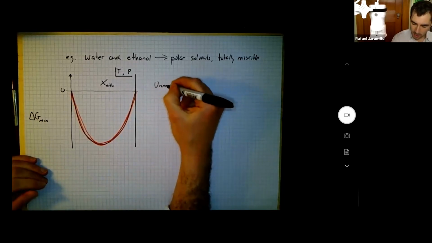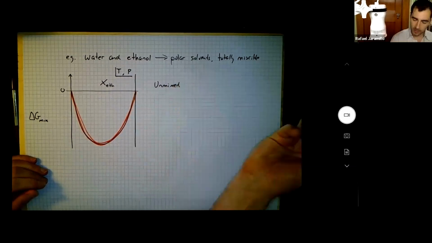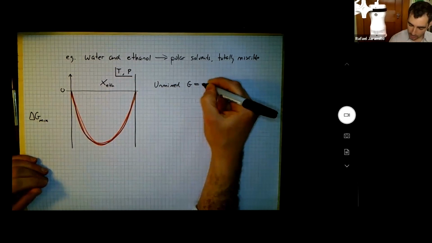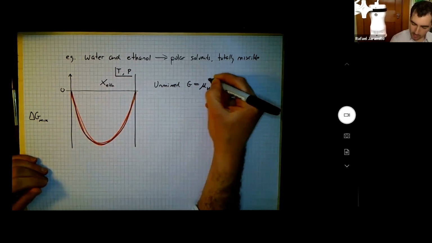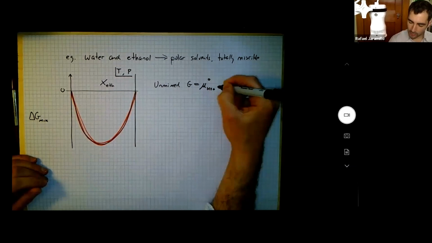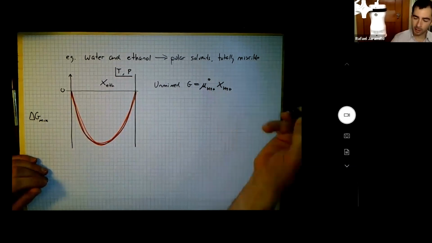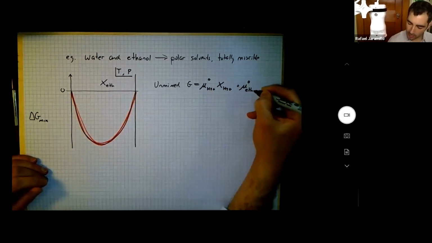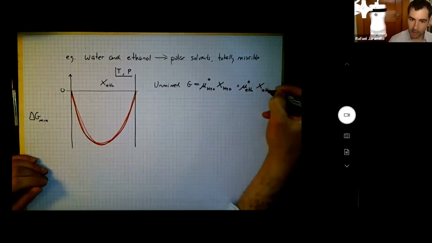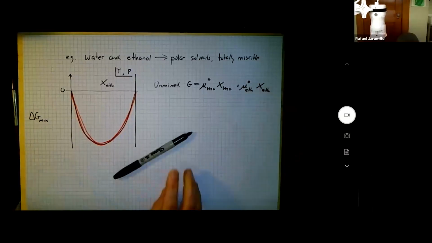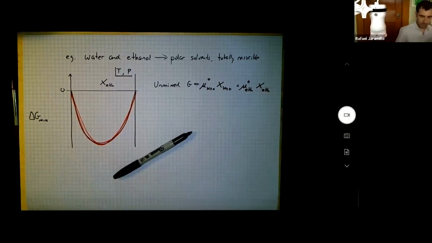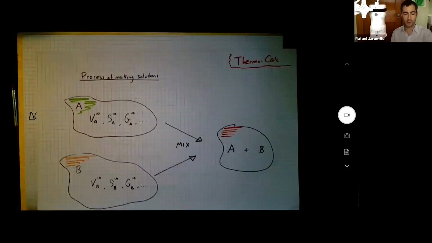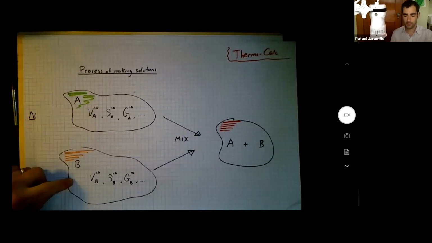Unmixed, we have the Gibbs free energy per mole of system equals the Gibbs free energy per mole of pure water times the mole fraction of water plus the Gibbs free energy per mole of pure ethanol times the mole fraction of ethanol. That's like this. We have the pure stuff, this pure stuff, and this pure stuff before we've mixed it.